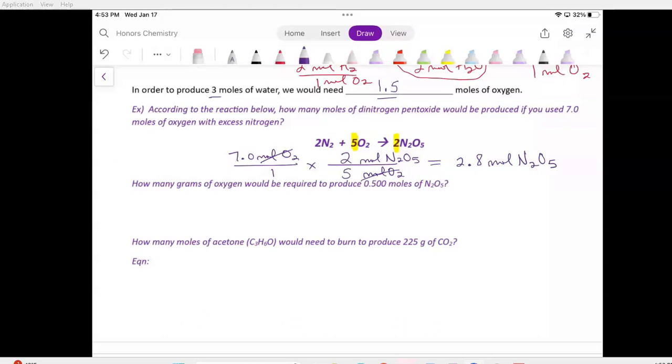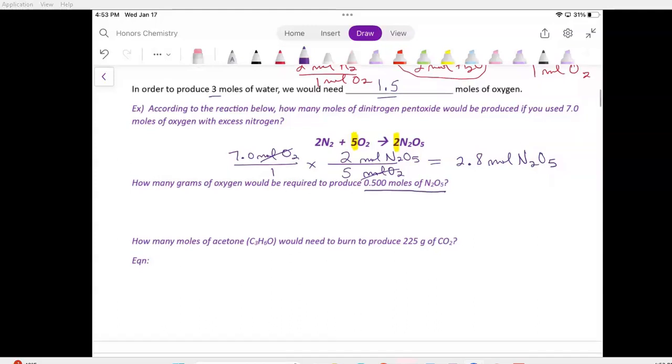All right, the next question says how many grams of oxygen would be required to produce 0.5 moles of N2O5. So we're starting with 0.500 moles of N2O5, and that's going to go over 1. We're just doing a conversion. And we know we want to get rid of moles of N2O5, so that's definitely going to go on the bottom. The difference is this time it's not going to be a one-step problem because it's asking me for grams of oxygen, right?